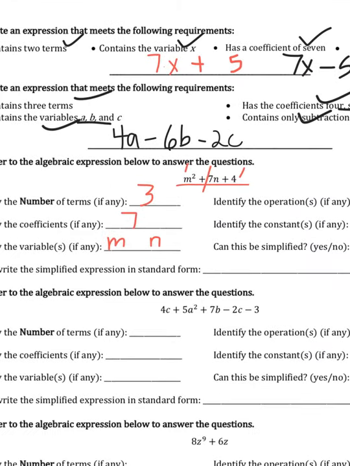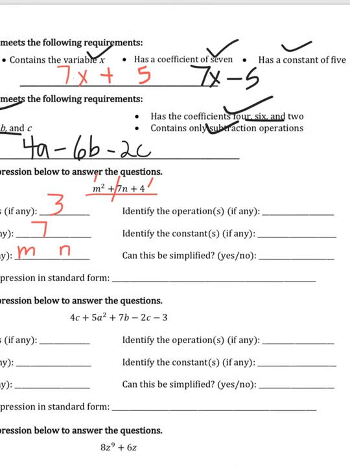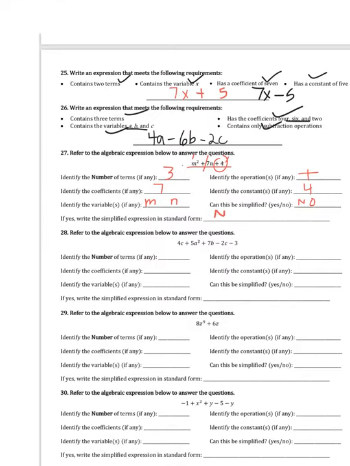Don't write m squared because squaring it is an operation. M, the variable, is the letter itself. What operations do I have? Plus, and that's it. I just write down plus once. The only constant I have is 4. And can it be simplified? No, because nothing here can combine together. So then you write no here.